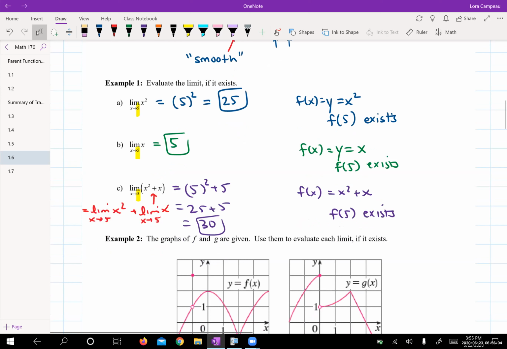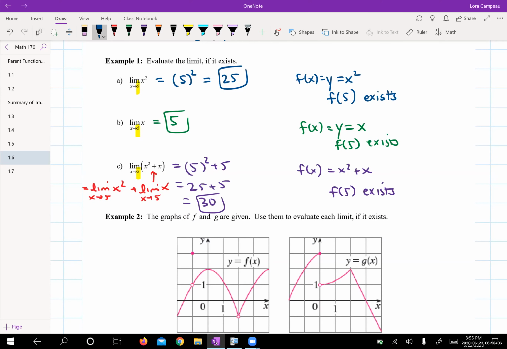And we already did this in part A and part B. We got 25 for the limit of x squared as x approaches 5, and we got 5 for part B. And that is also equal to 30. So there are a couple of ways to approach it.